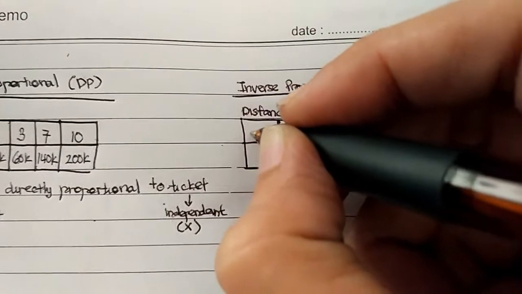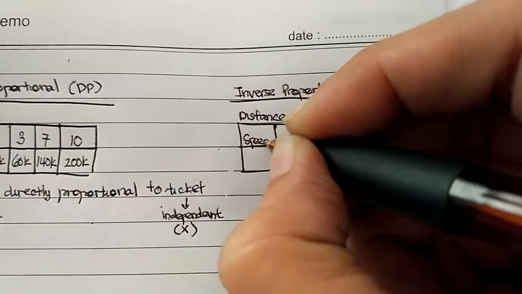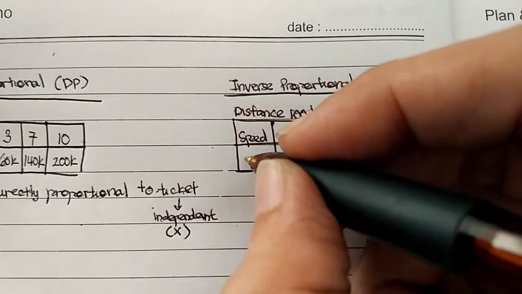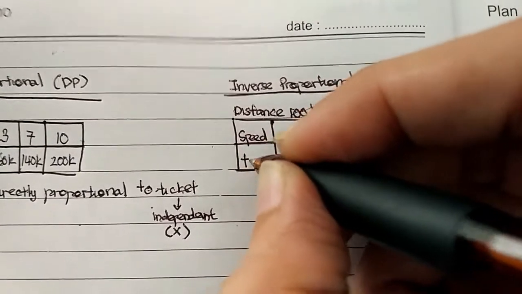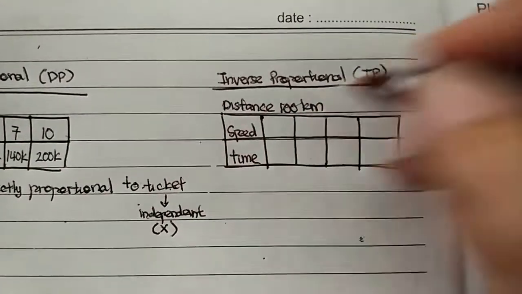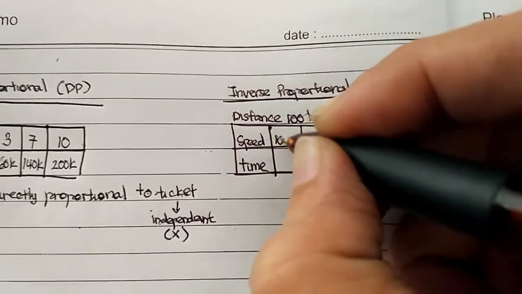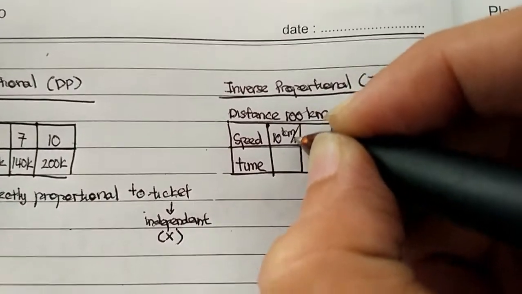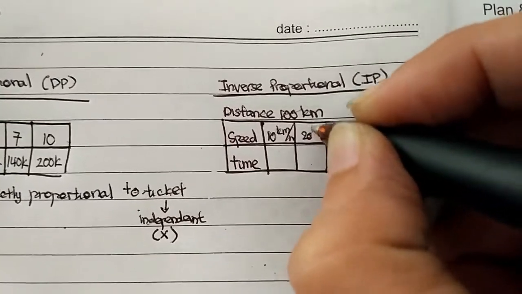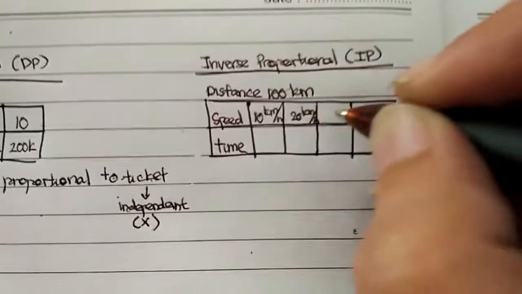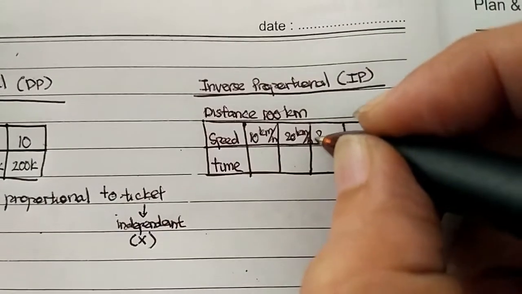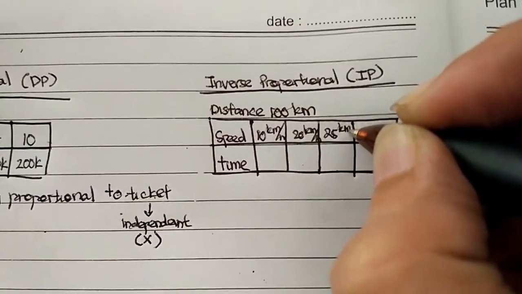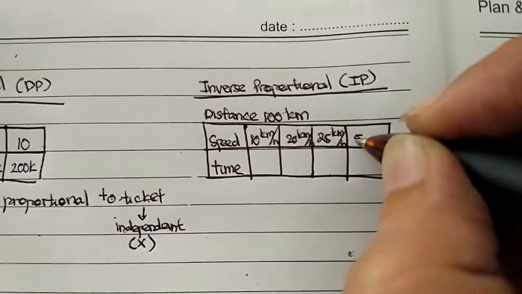The elements that I want to compare are speed and also time. The speed can be 10 kilometers per hour, 20 kilometers per hour, 25 kilometers per hour, or even 50 kilometers per hour.